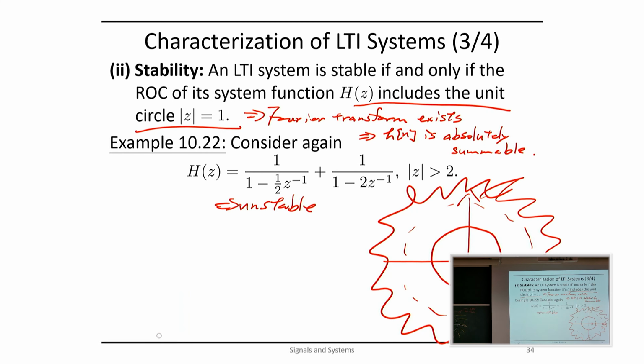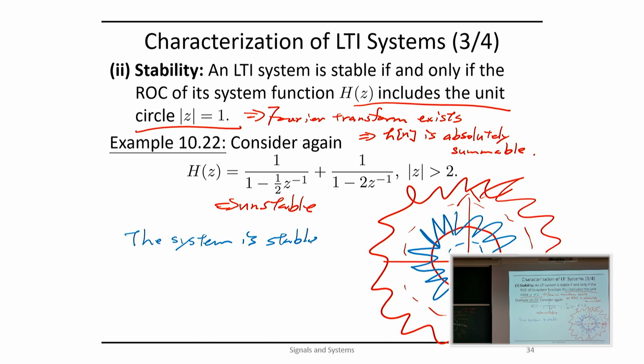So only when the region of convergence is this ring here will it be stable.